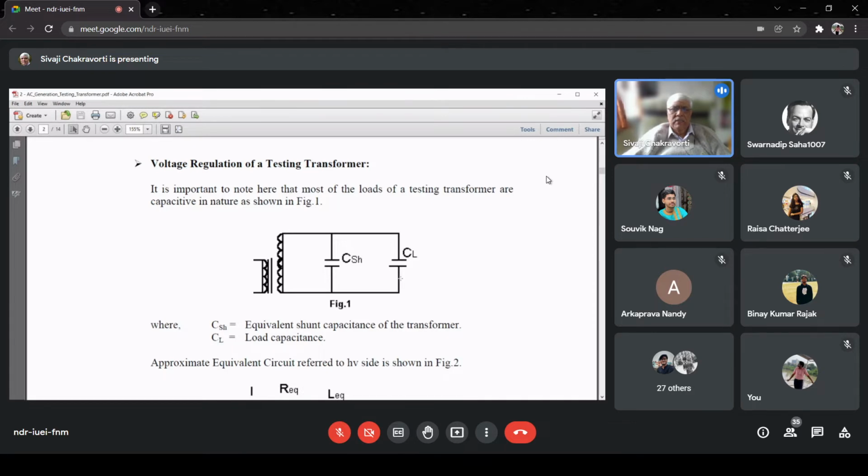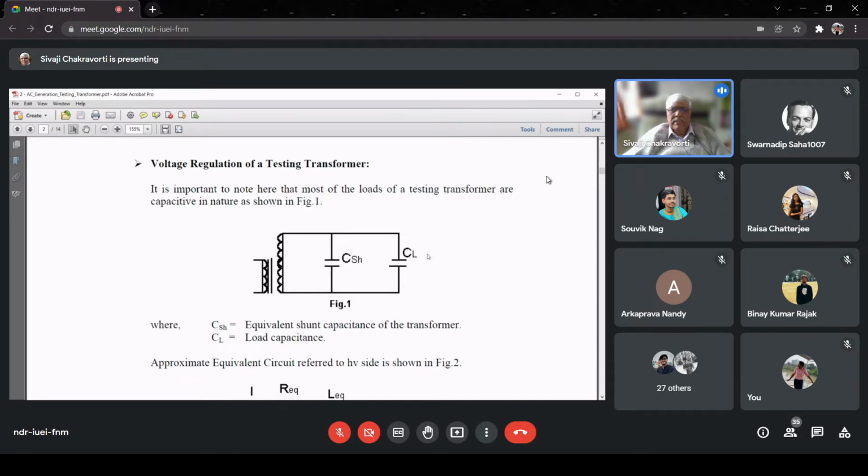Now I told you that these testing transformers are used for testing the insulation of equipment, not the conductors or not the magnetic materials. Now, whenever we apply a voltage across an insulation, it acts as a capacitor. So, therefore, any equipment that we are testing that is here at the output will act as a capacitive load on the testing transformer, and that is CL.